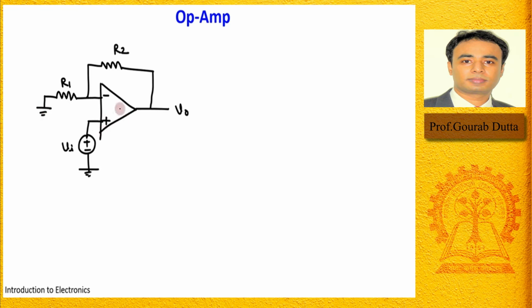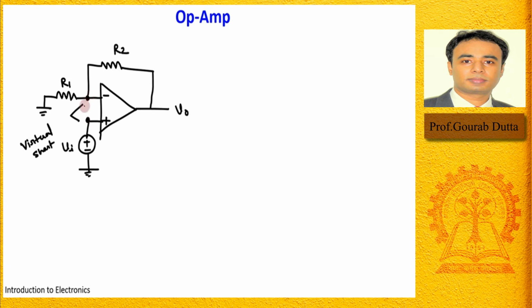Again this amplifier is an ideal amplifier, so this potential and this potential would be the same. You remember the virtual short concept. Why is it called virtual short? Because these two potentials will always be equal, but there is no direct connection, so no current can flow between these two terminals.